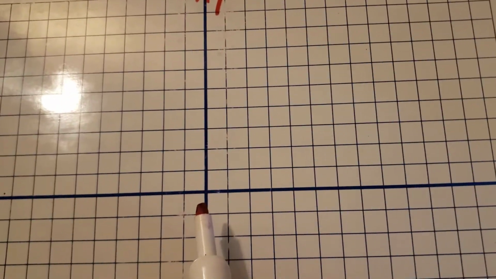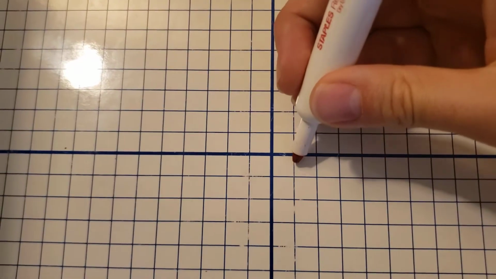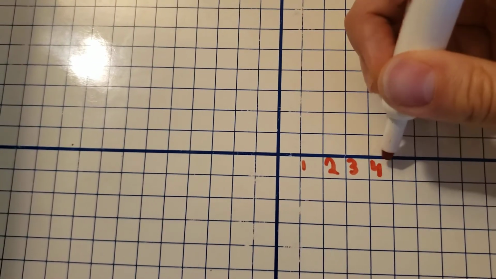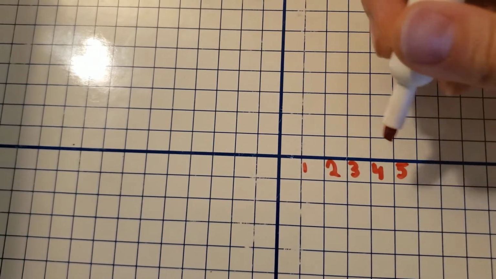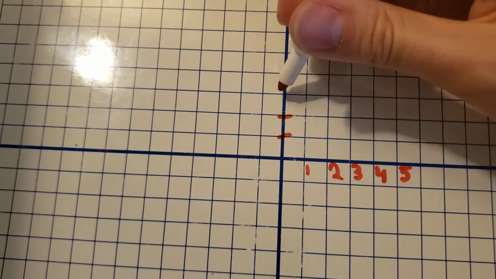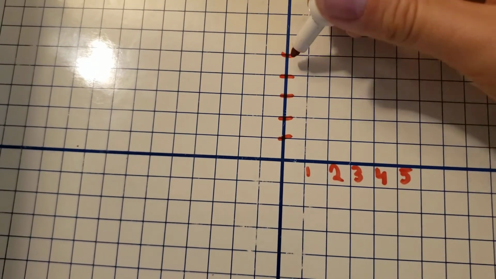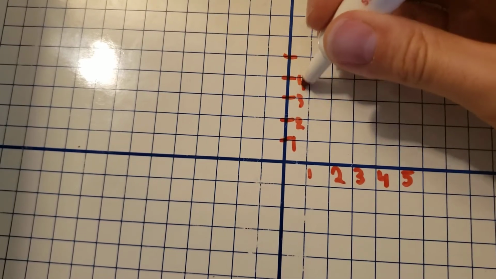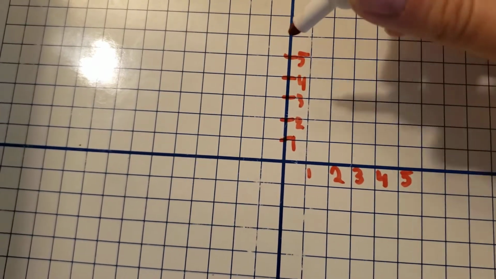You probably only need to come maybe 5 in each direction. So this one's going to be 1, 2, 3, 4, 5. And again, these are like the little cross hatches here. 1, 2, 3, 4, and 5.